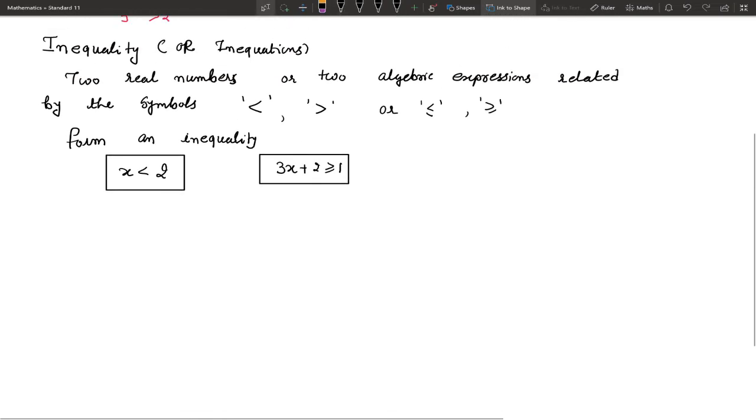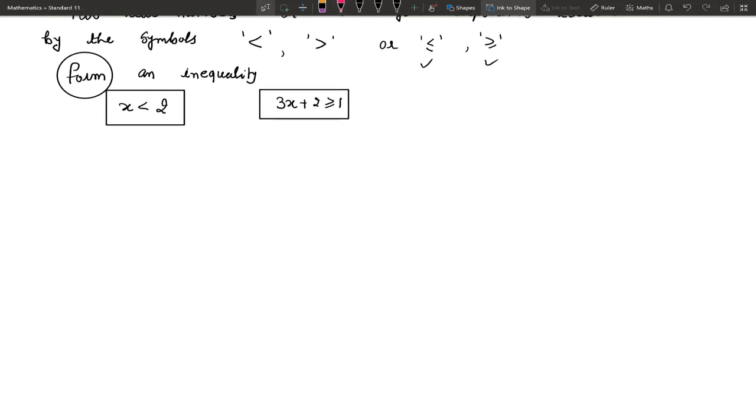There are two types of inequalities. One, strict inequality.